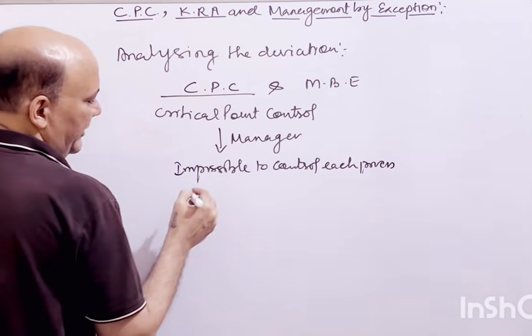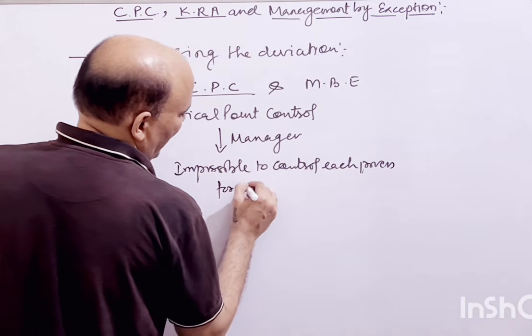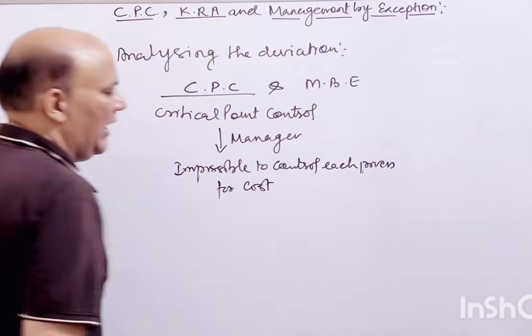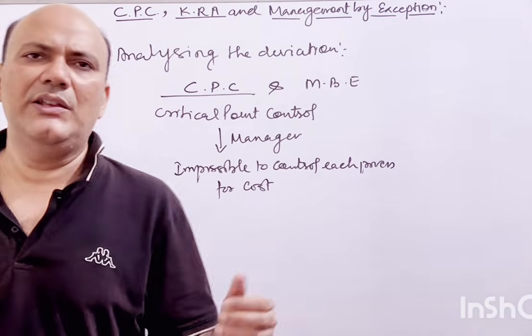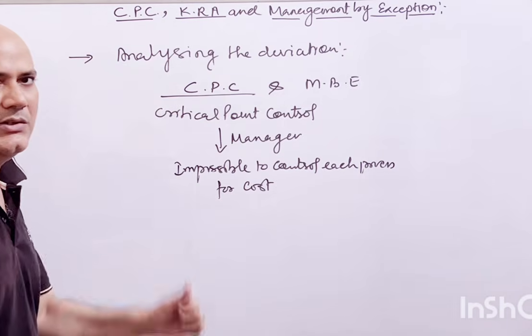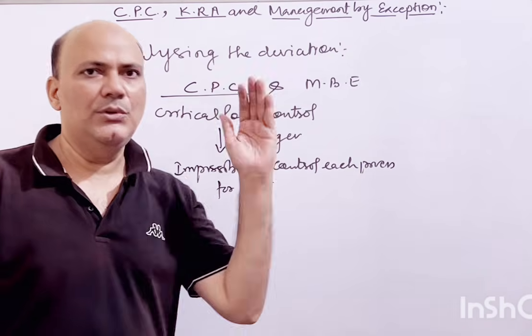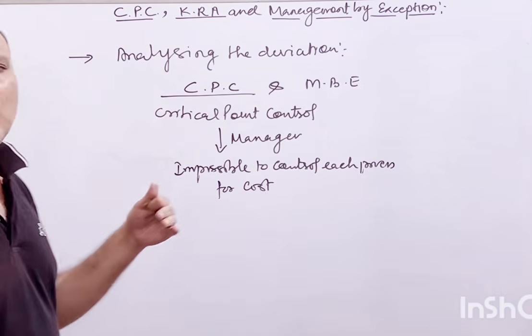And it is impossible as well for cost. You will have plenty of cost when you try to control each and everything. So financially this is not viable to control each activity as a manager. So something you have to leave to the employee level, or the person who is doing that thing.